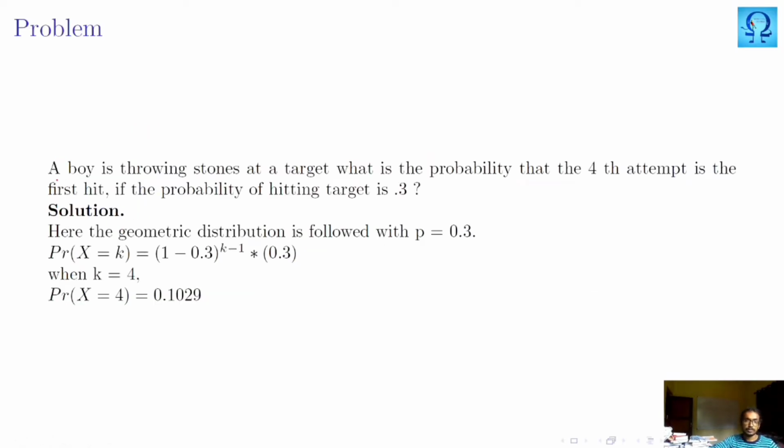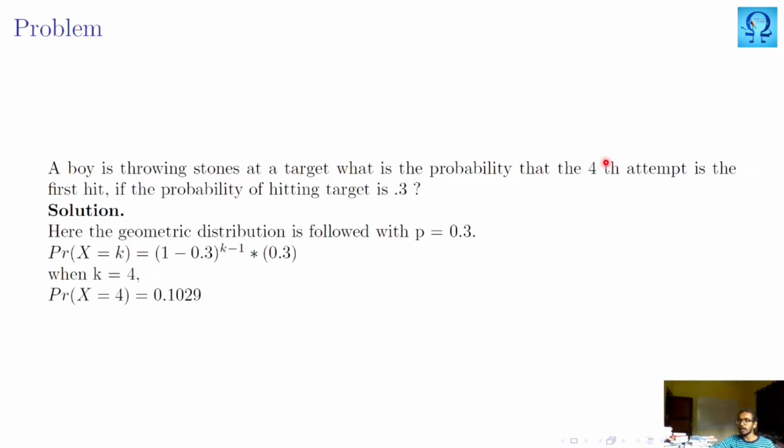Now in this problem it is said that a boy is throwing stones at a target. What is the probability that the fourth attempt is the first hit? He is throwing stones at a particular target, and the probability of hitting the target is 0.3.